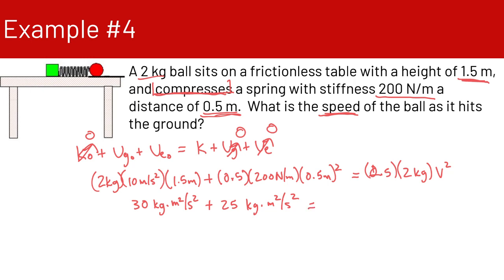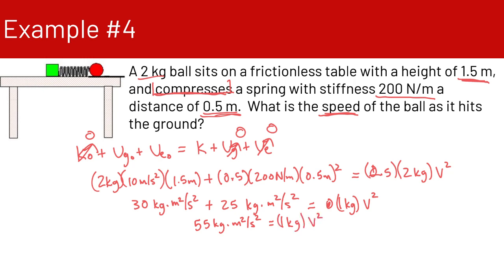And then that's equal to 0.5 times 2. So that is equal to 1 kilogram times velocity squared. Okay, so adding everything on the left side, we have 55 kilograms meters squared per second squared equals 1 kilogram times v squared.